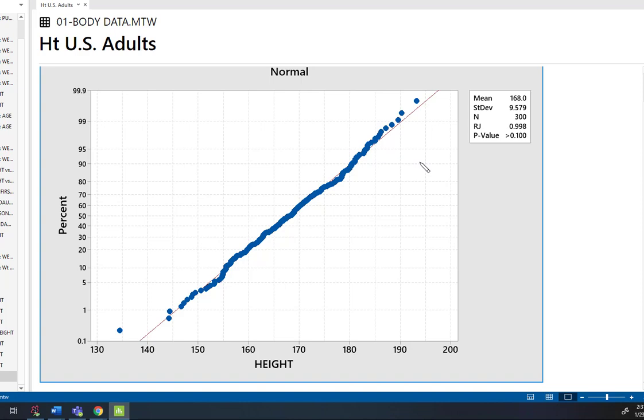I can't support that this data is normal given the evidence I have from this data set. But we've got a p-value that's greater than 0.1, so it's quite a bit bigger than 0.05. We cannot reject the hypothesis of normality. It looks like the adult heights have a normal distribution.